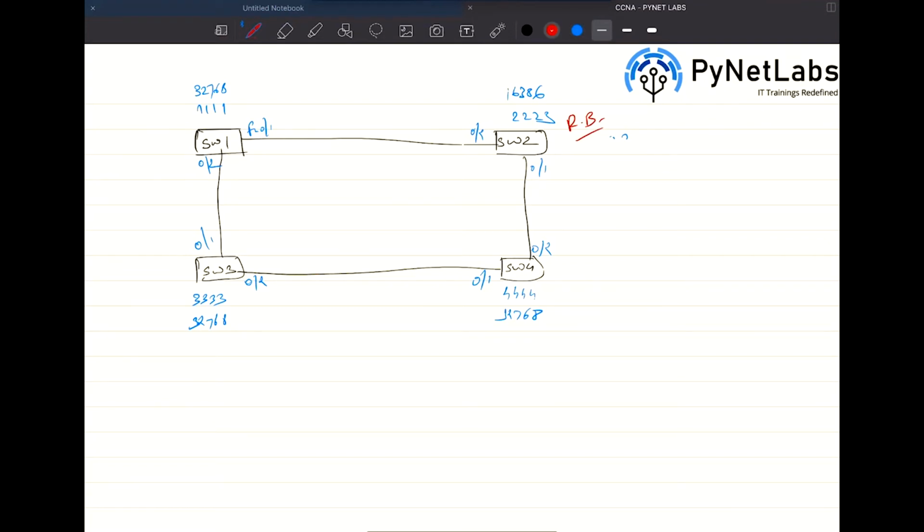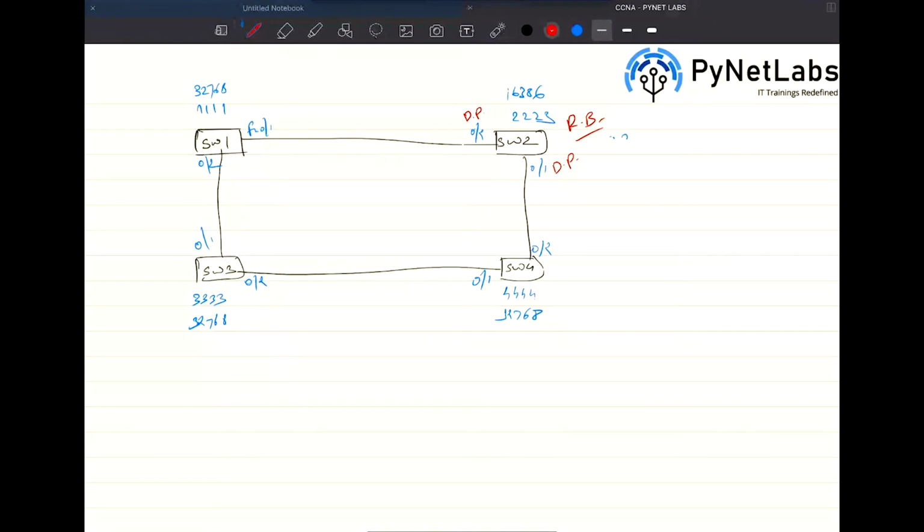And both the ports will be placed as designated ports. Which switches are non-root bridges over here? Can I say switch 1, switch 3 and switch 4 are our non-root bridges. So we need to elect our root port on all these three.